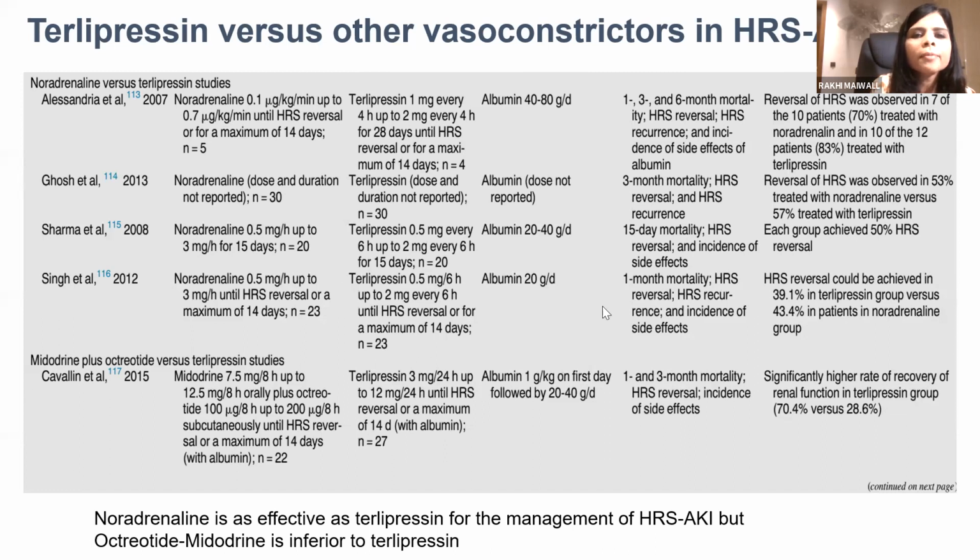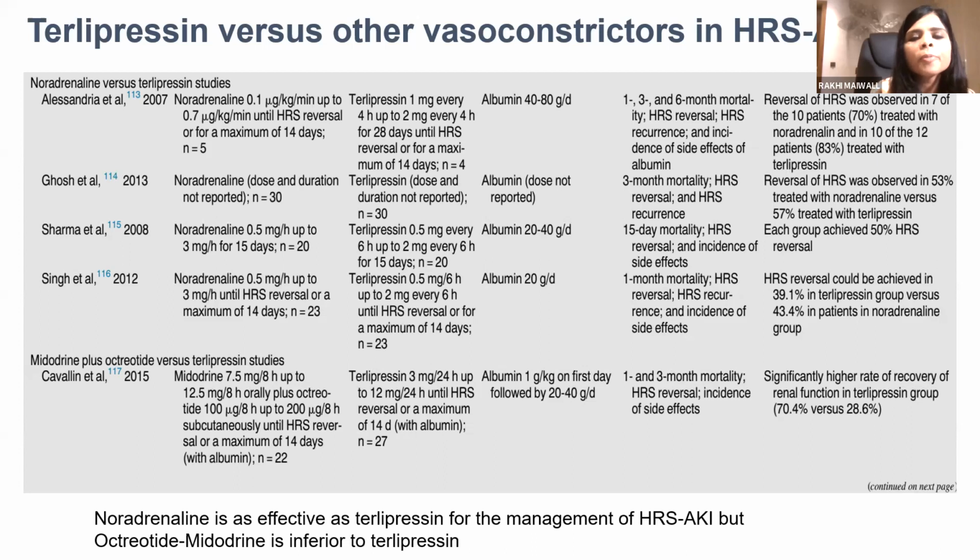Now, all these randomized controlled trials in decompensated cirrhosis have suggested, including a recent meta-analysis, that norepinephrine is as good as terlipressin. However, because terlipressin is not available in the US, the data there is on octreotide and midodrine.